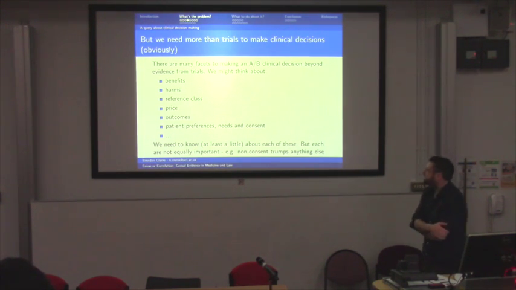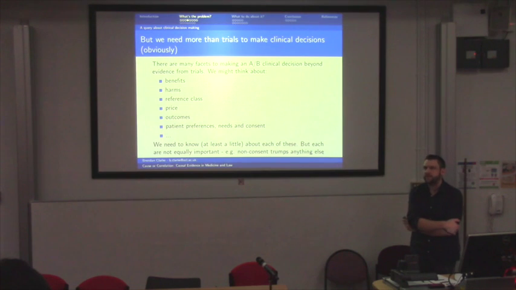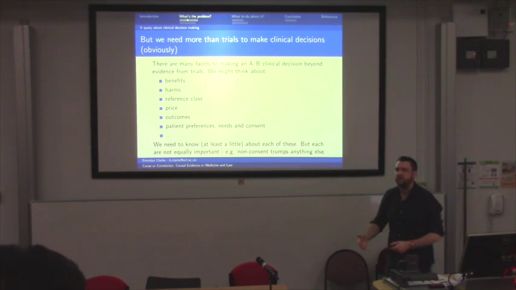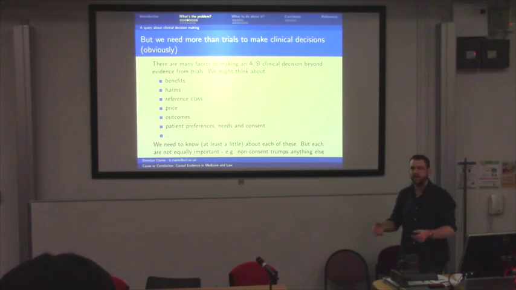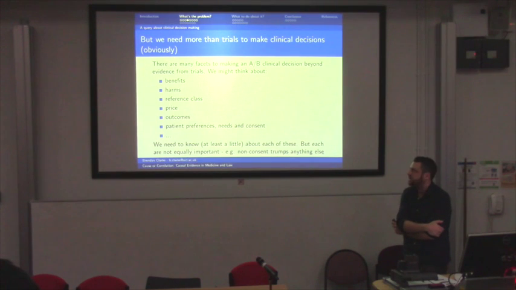On the other hand, positive consent, saying that somebody wants to take a drug, doesn't trump in the same way. It doesn't beat everything else. You can consent all you like, but if a treatment is, say, too expensive to use or doesn't show the right kind of profile of benefits and harms, then that decision won't go that way either. So actually, I think the structure of this process is rather interestingly complicated.